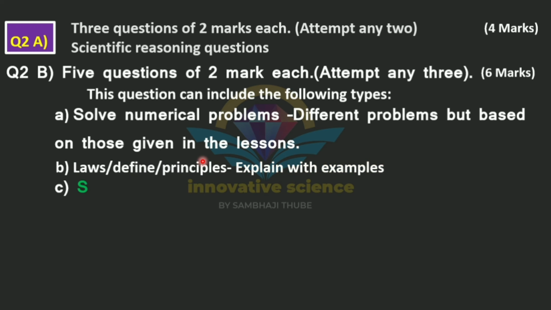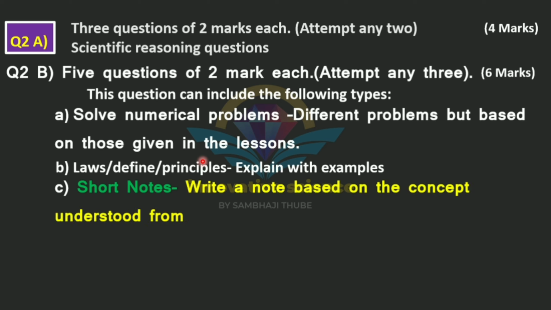Next type of question is short notes. You have to write a short note on the concept which they will ask. They can also give you any diagram or picture.